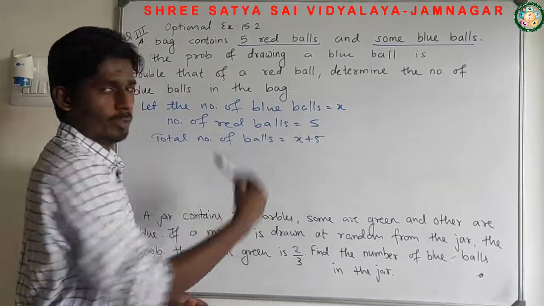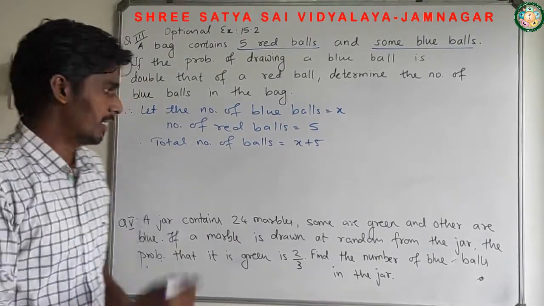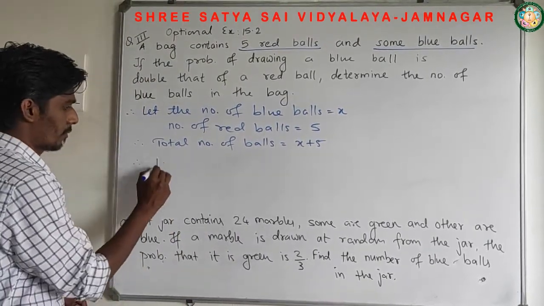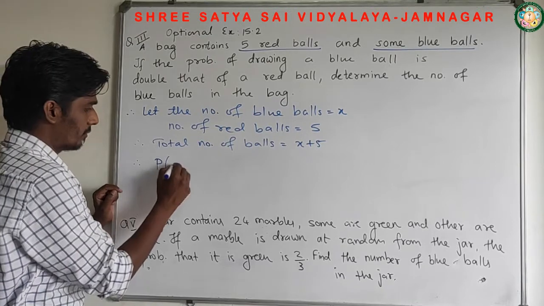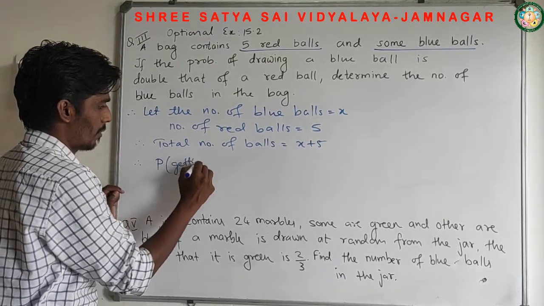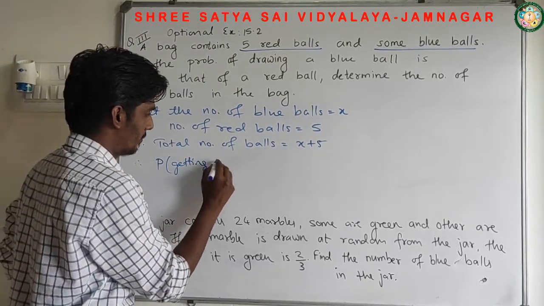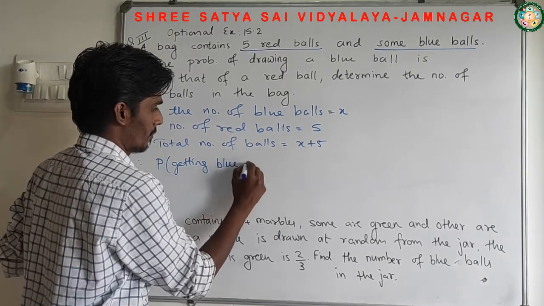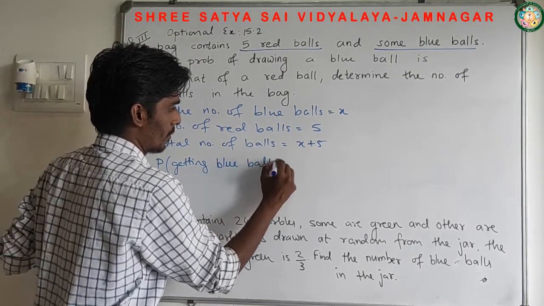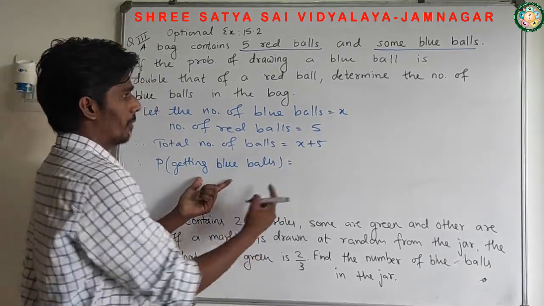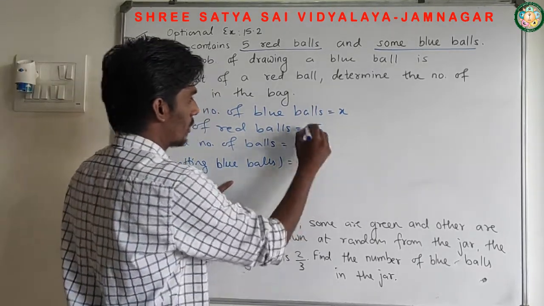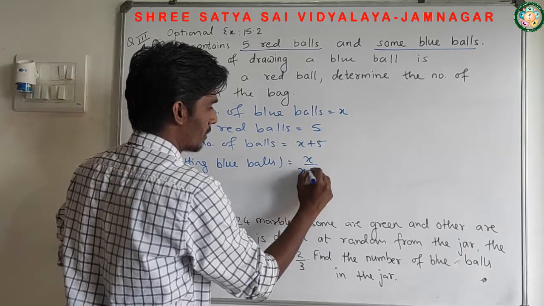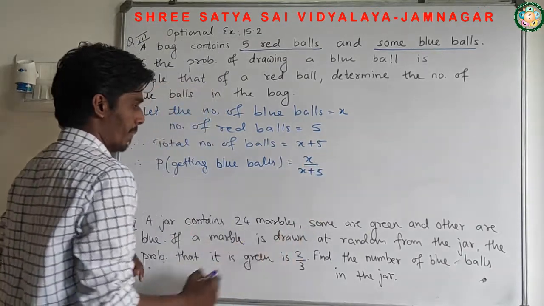So is it possible to find the probability? Let's find out the probability. Probability of getting blue balls: favorable outcome X, total outcome X plus 5.